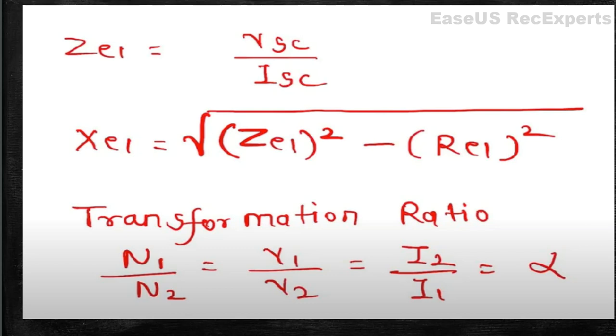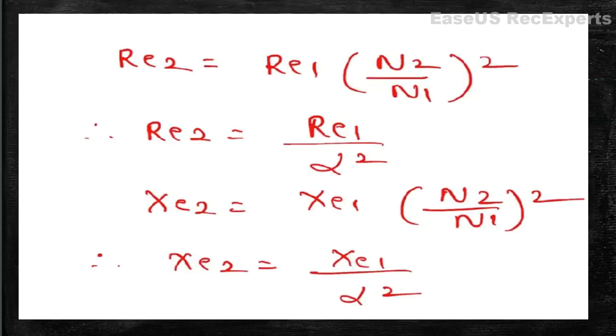The secondary equivalent resistance can be written as RE2 is equal to RE1 bracket N2 divided by N1 square. Hence we can modify this equation: RE2 is equal to RE1 divided by alpha square. Similarly, the formula for XE2 is equal to XE1 bracket N2 divided by N1 square. Further modifying the equation, XE2 is equal to XE1 divided by alpha square.